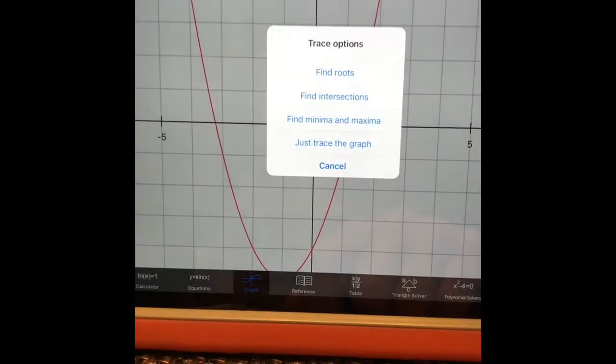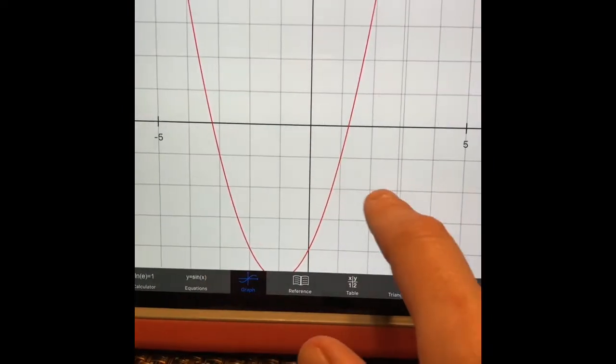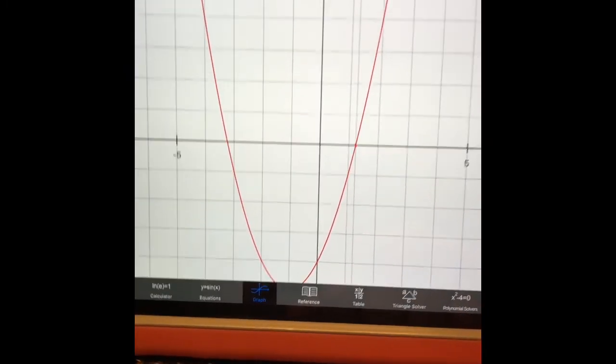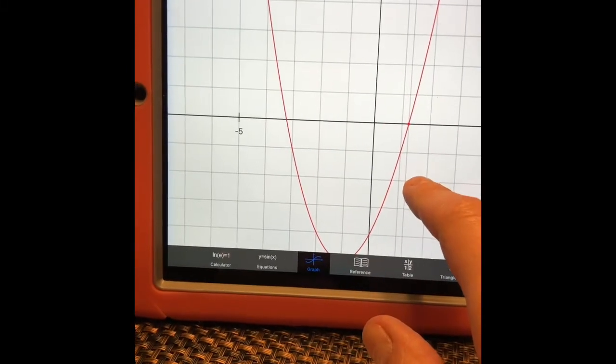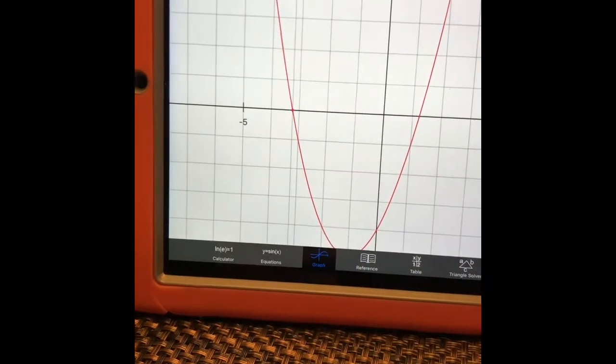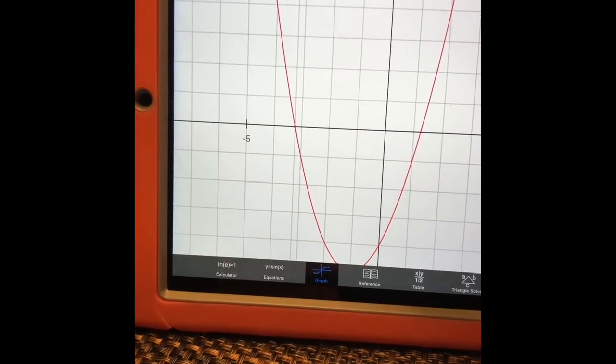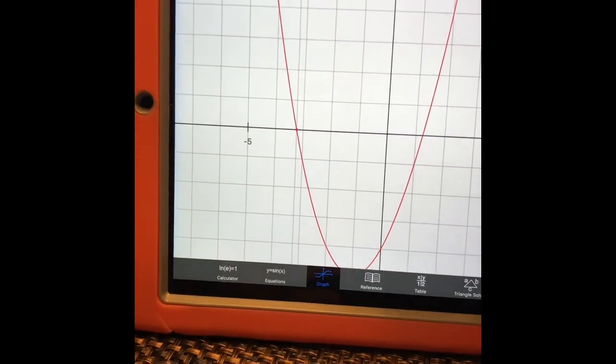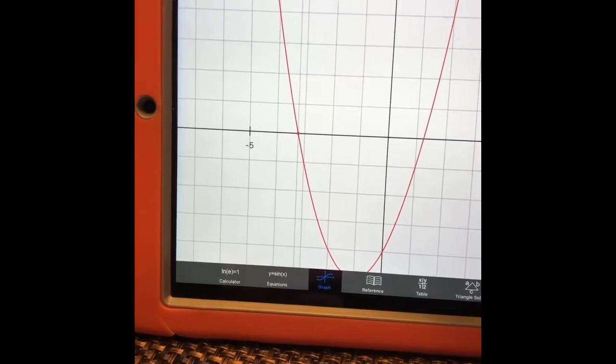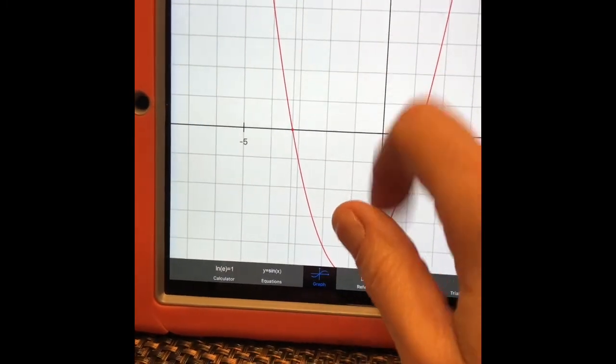And if you double tap and you go to find roots, remember these x-intercepts are also called roots. I know that's really crazy up there, but the x value is where it touches the x-axis. This is really close to 0. It's having a hard time finding exactly where that is.